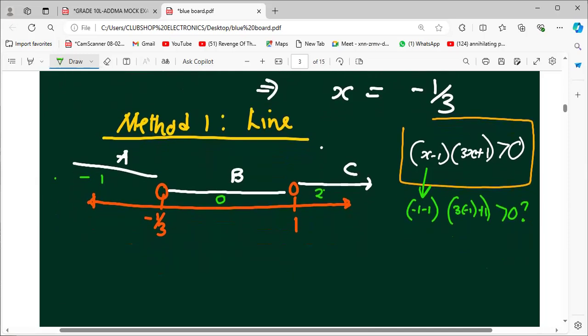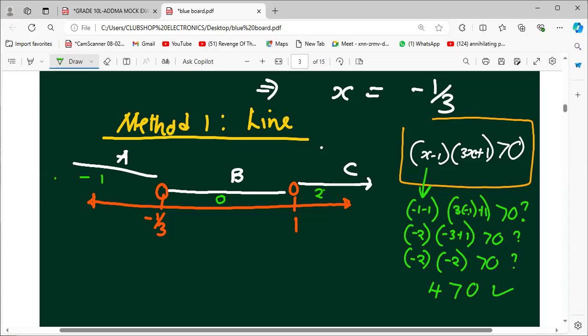So this would be -2, then 3 times -1 is -3, plus 1, which is -2. So -2 times -2, when we multiply this, we get 4. Is 4 greater than 0?